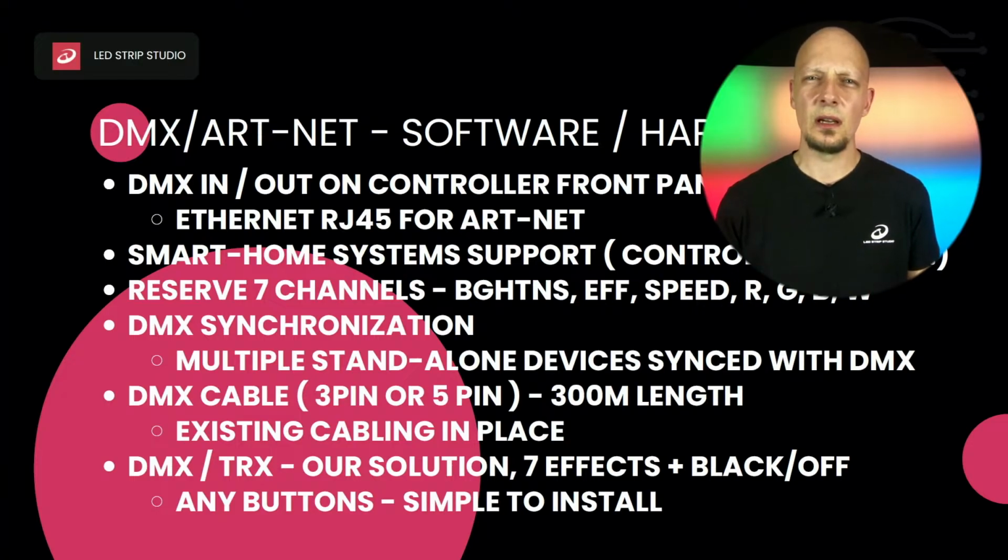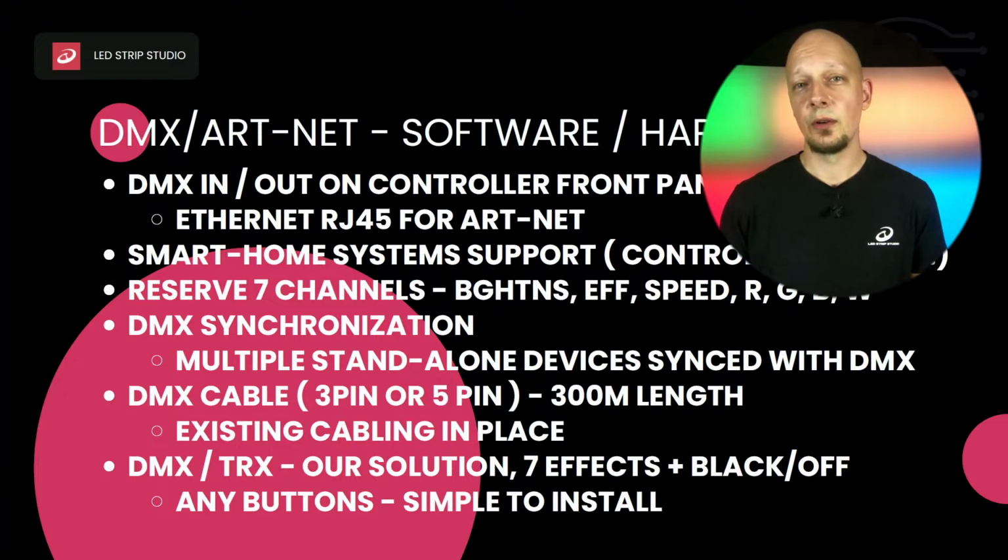It can be up to 300 meters in length, and even though our devices have 3-pin XLR connectors, for DMX there is an option to add a 5-pin version for anyone who might need this. On request we can switch the connectors for 5 pins.